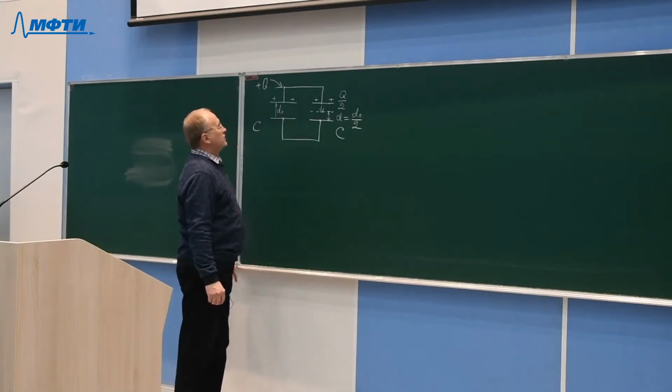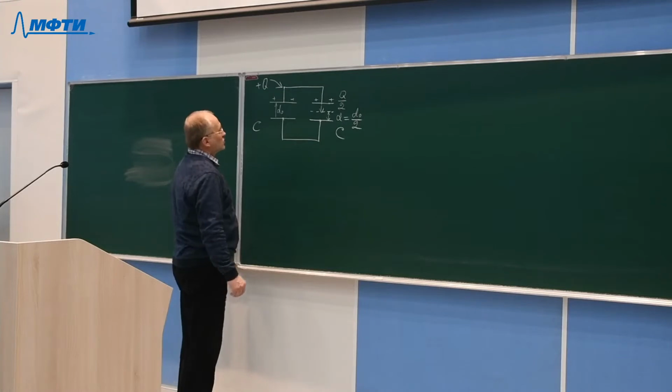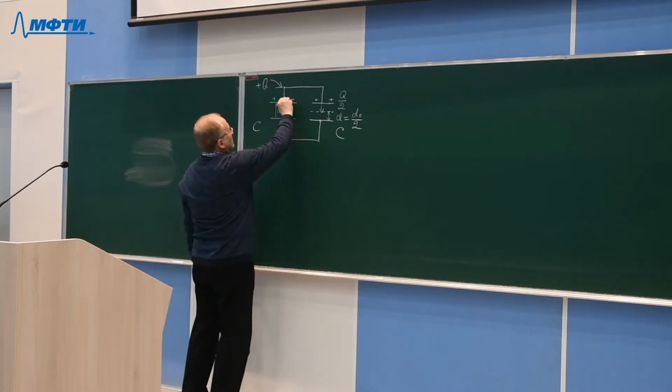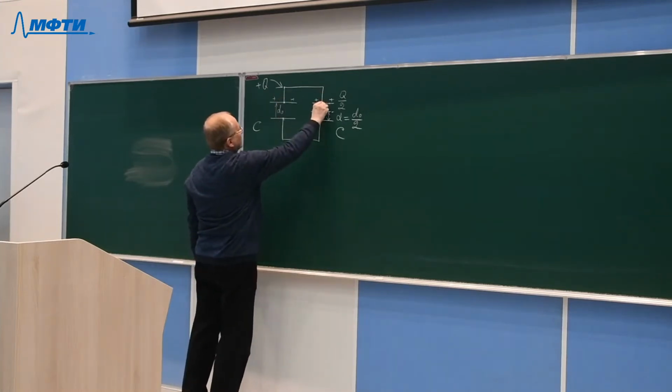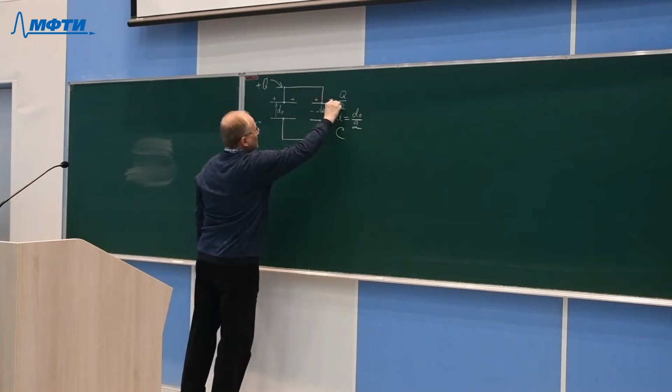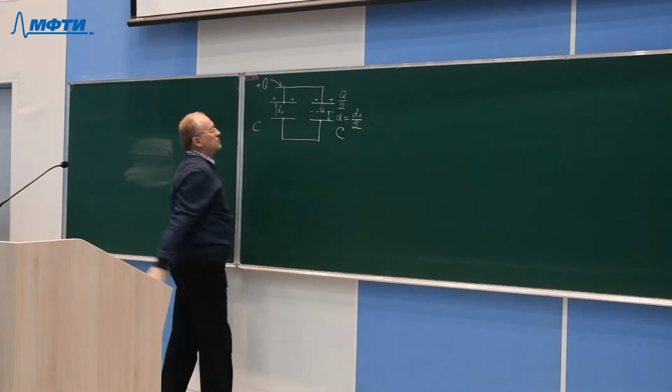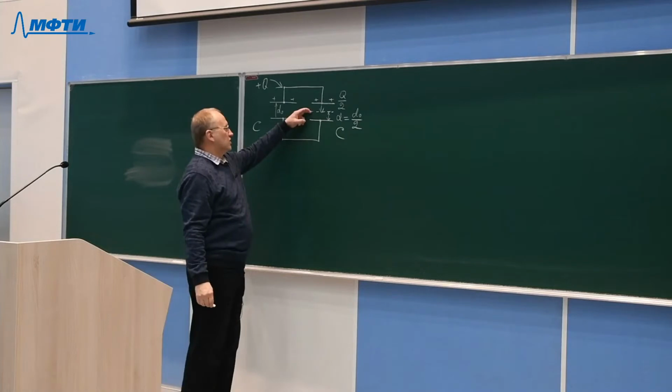And the question is, what charge will go from one capacitor to another capacitor if the upper plate of the second capacitor is moved, if it's shifted downward?